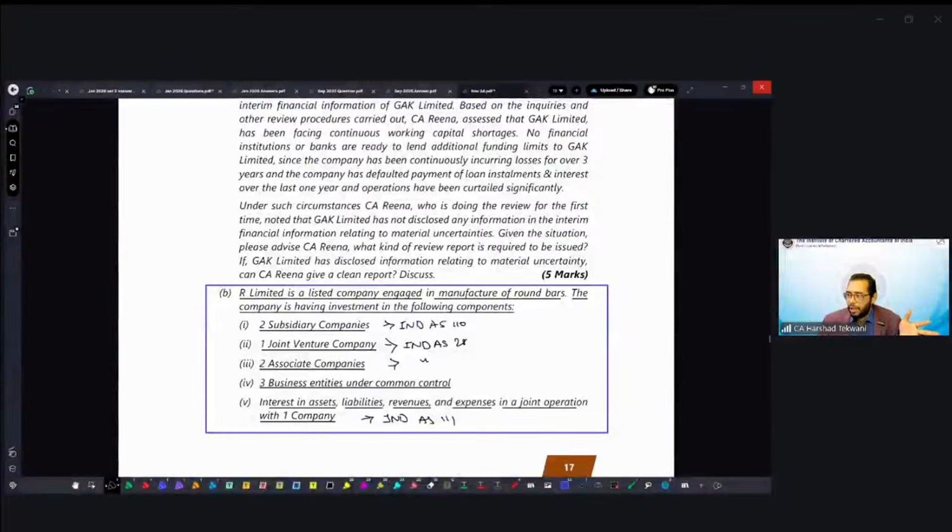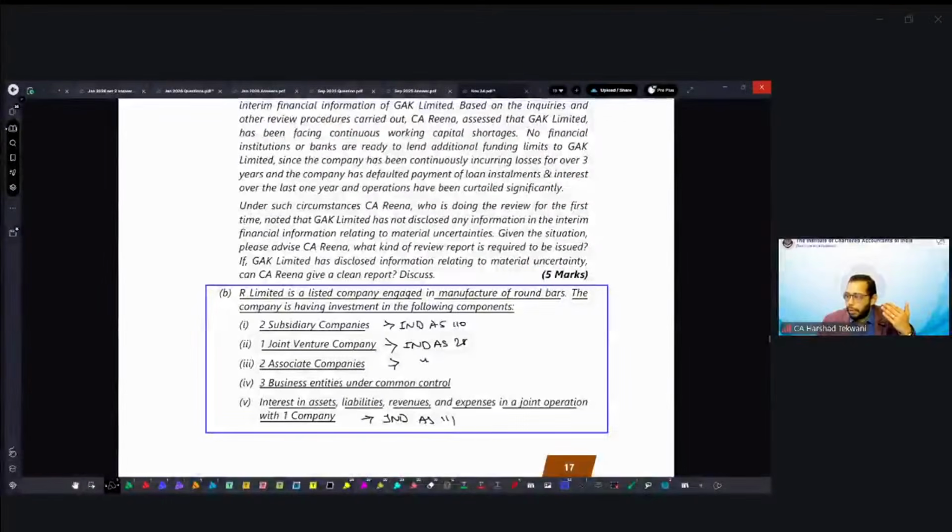I'm not saying it might be entirely applicable, but if it is applicable, I need to apply that also. Ind AS 112, disclosure of interest in other entities. So an entity may be required to disclose the nature and risk associated with interest in other entities with respect to the disclosure. That is also applicable.